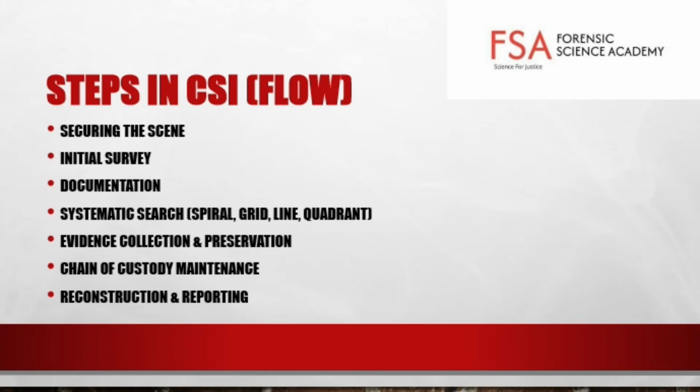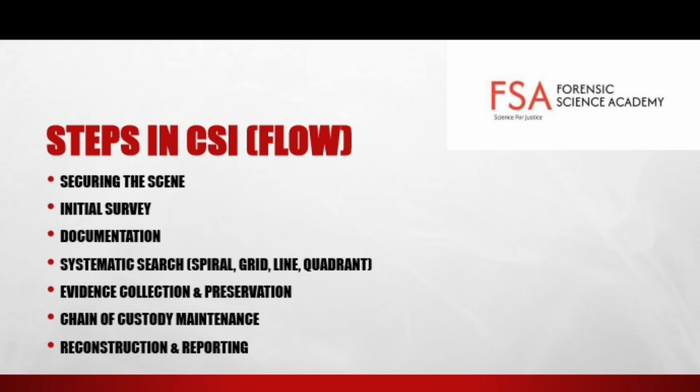Initial survey, an overview of the scene, and document the notes, photos, sketches, etc. Then systematic search: spiral, grid, line, or zone method. Then collection and preservation of evidence, next chain of custody, and reporting and drawing conclusions from evidence. Skipping even one step can damage the whole investigation.